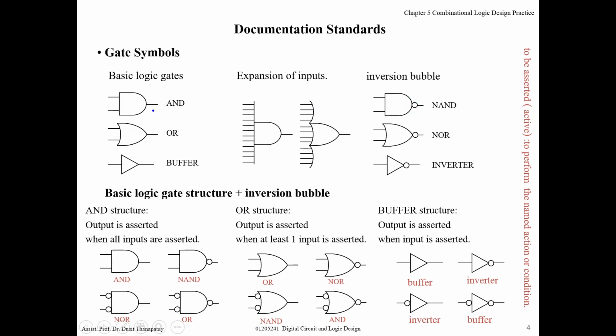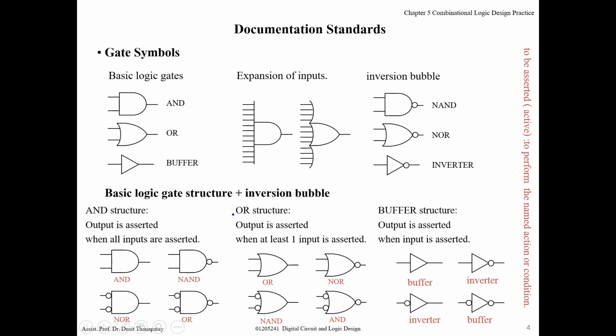For example, if I add an inverter at the output of an AND gate, then it becomes a NAND gate, right? But usually we just write this circle. It's called an inversion bubble, to show the invert function at this point. Same for NOR and inverter also.